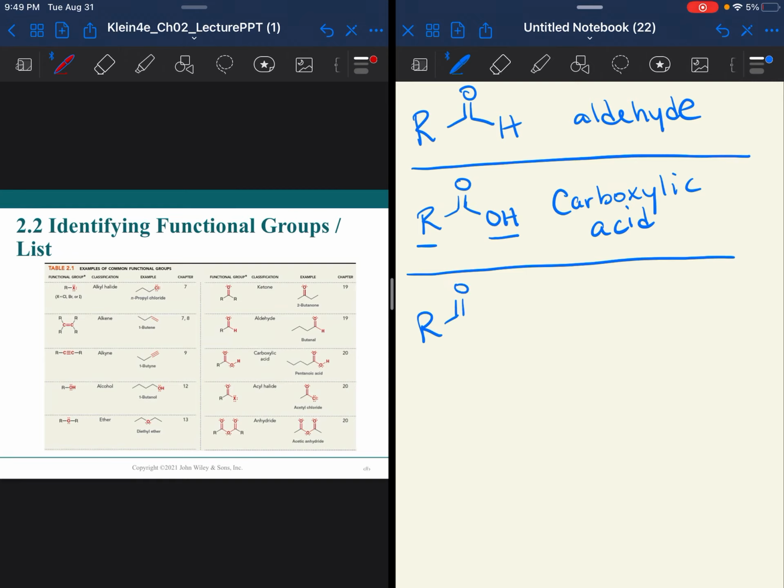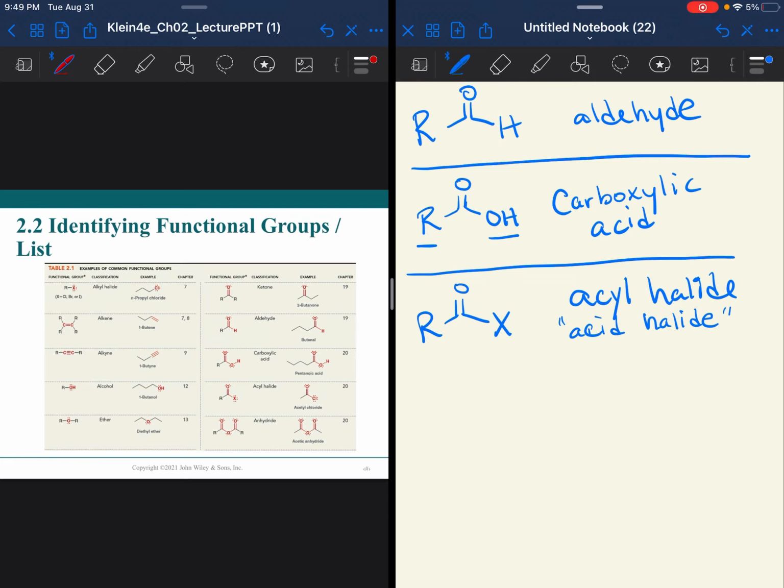If we replace that hydroxyl group with a halogen, we get something called an acyl halide. Depending on the book, depending on the day, for me, I may also refer to it as an acid halide, right? Either one is correct. I won't ever try to trick you with those two.